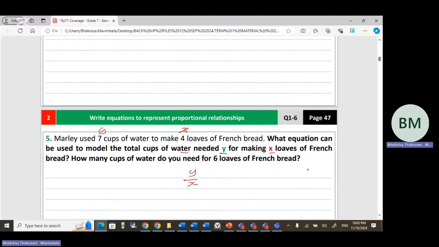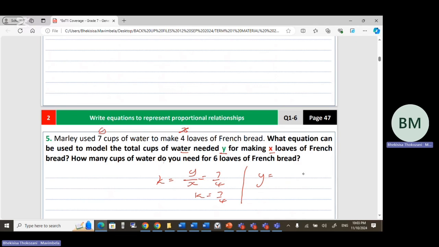Okay, and then you find your k. So basically you'll have like 7 over 4. And once you have that, this now is your k, and then your k is 7 over 4.